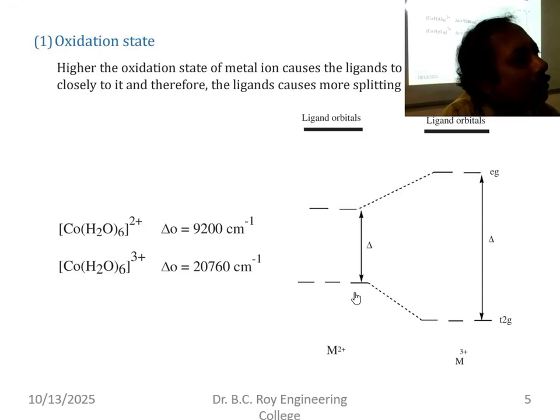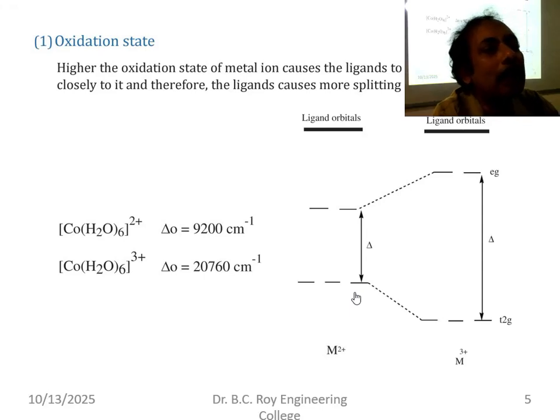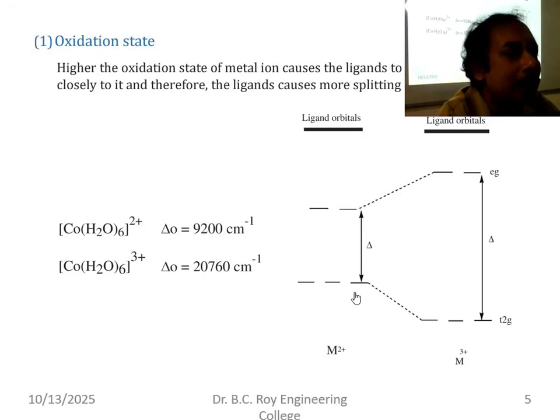But if the electrons are going into the bottom level and the upper level also, why? Because the gap between the two levels, the t2g and eg levels, is so low that it cannot overcome the pairing energy. In that case, electrons will not be paired up, rather they will be filled in the t2g level as well as the eg level. Suppose you have 5 electrons and 5 orbitals.